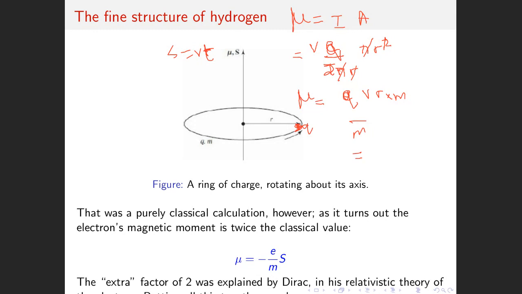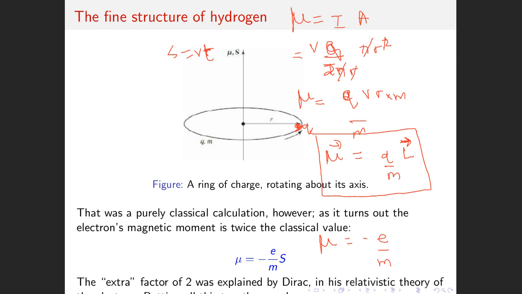So this gives you Q, L divided by m. So you have this result, which is a classical result. The quantum mechanical result is similar. So Q in this case would be minus E over m multiplied by the angular momentum.